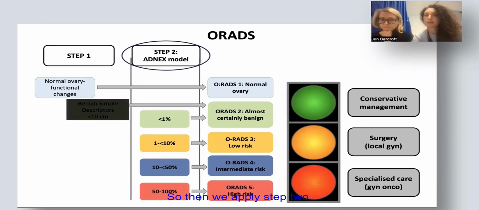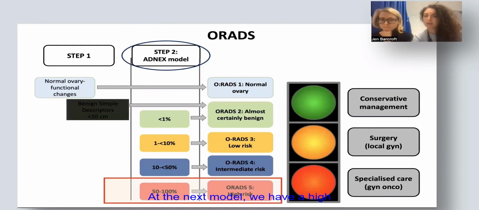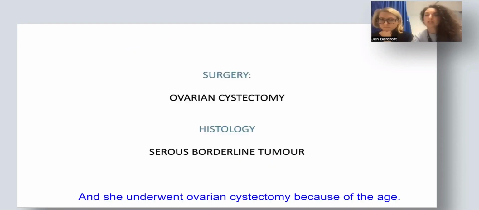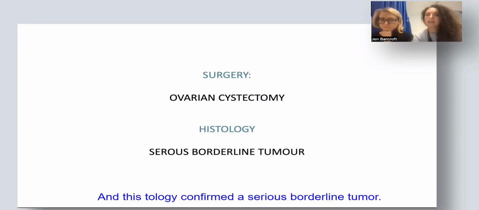So then we apply step 2, ADNEX model. We have a high risk of malignancy, so the indication for this patient to be treated in a gynecology-oncology referral center. And she underwent an ovarian cystectomy because of the age, and the histology confirmed a serous borderline tumor.